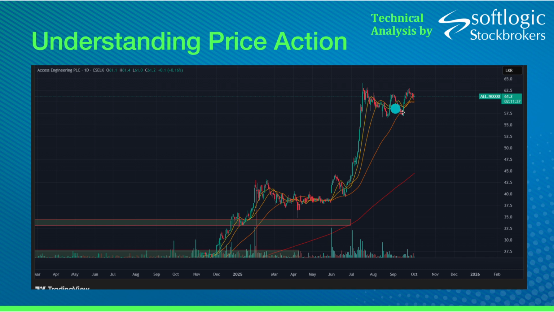But at this level, as you can see, after the uptrend there has been a stall, and price action has stopped going up and started to go sideways. That is basically a resistance area. If, for example, you take this as an example, price has come down here but has gone sideways, and you can potentially identify that as a support area.